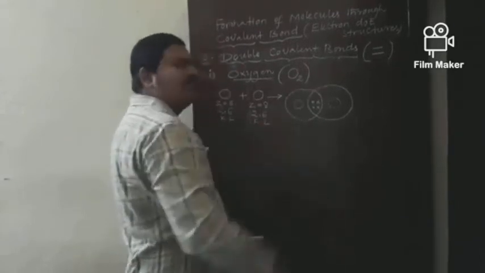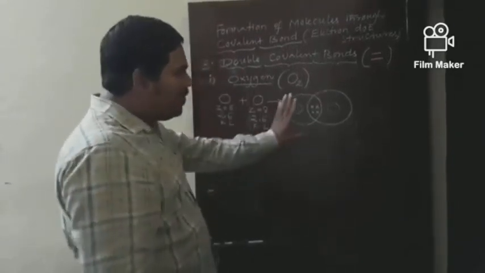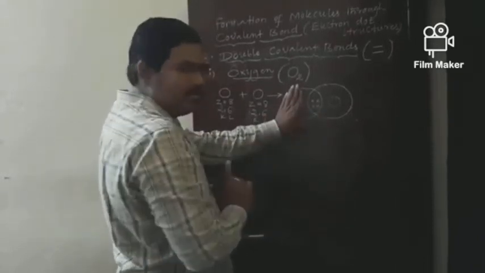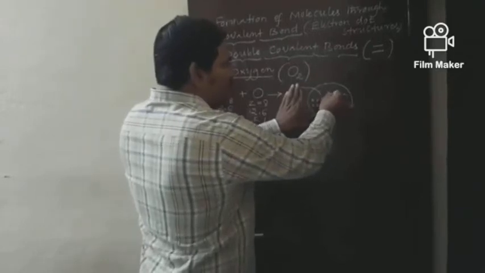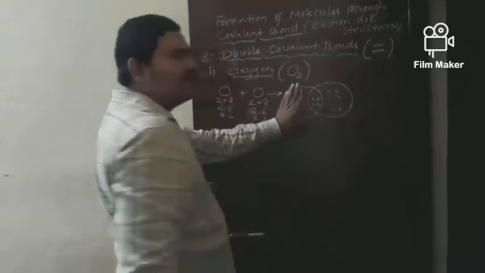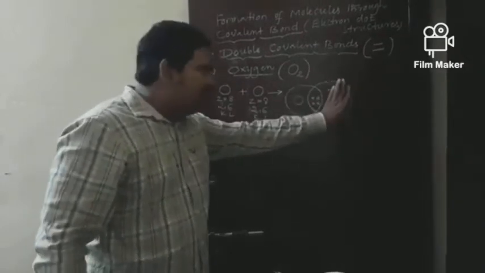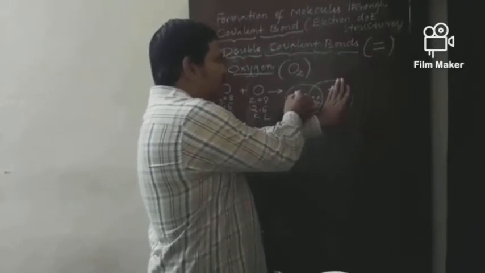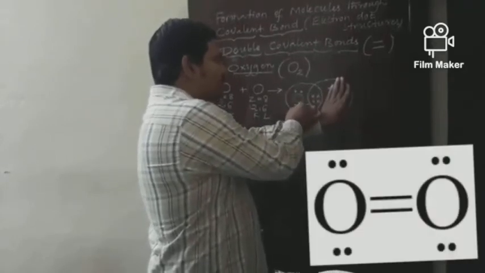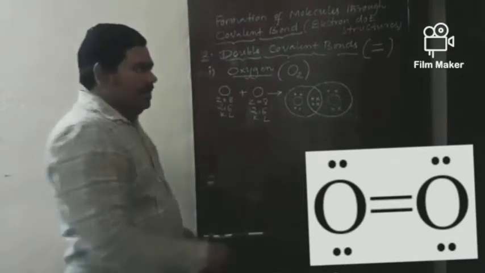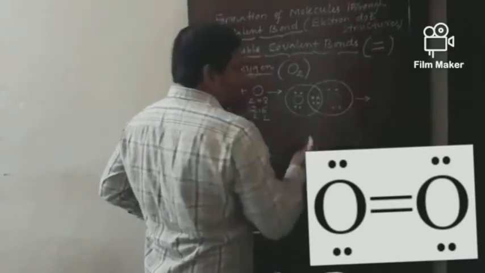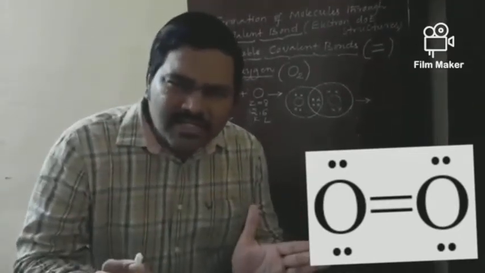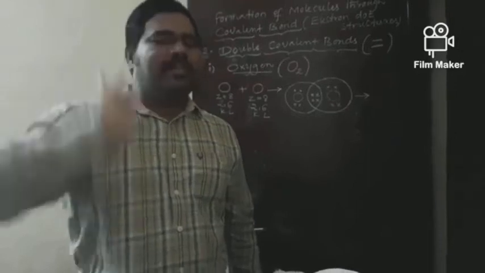Now, after bond formation, both the atoms share 4 electrons, and the remaining 4 electrons we take in the form of lone pairs. Even in the first oxygen also, already 4 electrons are completed. This is the 5th one, 6th one, 7th one, 8th one. Now, after bond formation, both the oxygens attained the nearest noble gas configuration, neon, and attained stability.